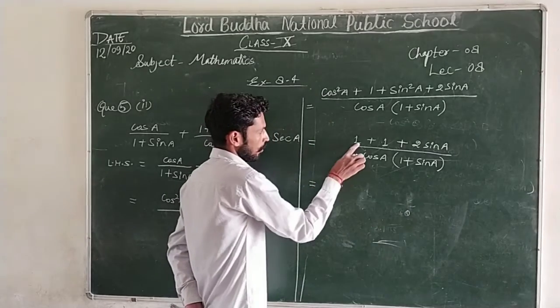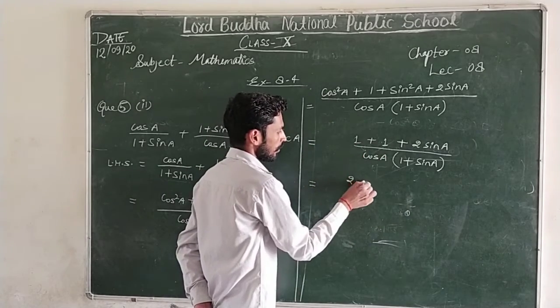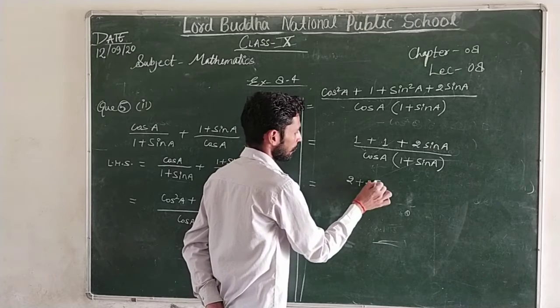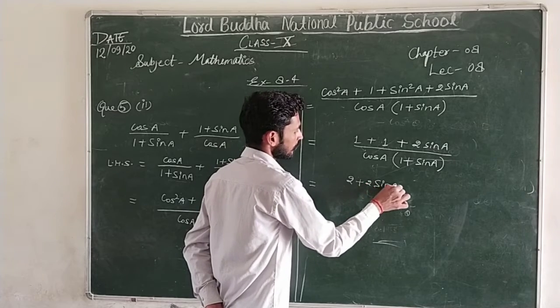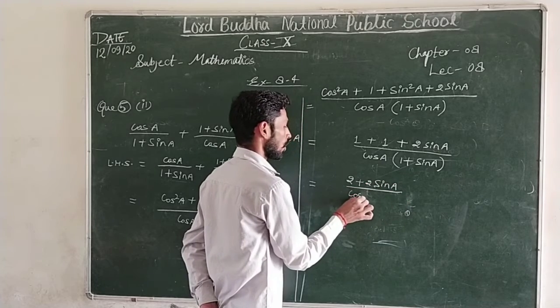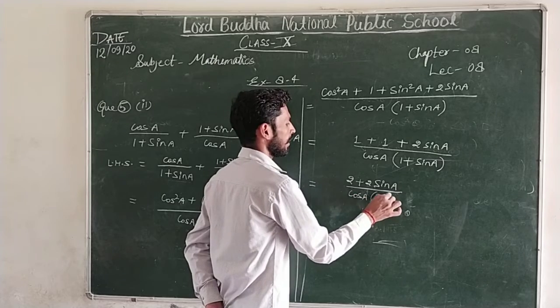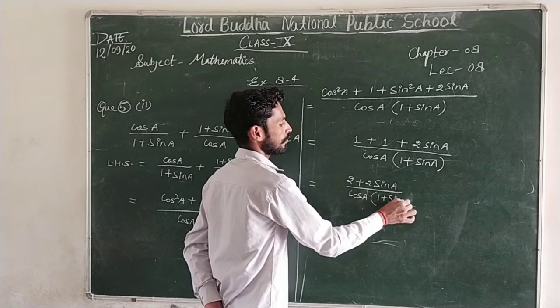Now 1 plus 1 is 2, plus 2 sin A, whole upon cos A in bracket (1 plus sin A).